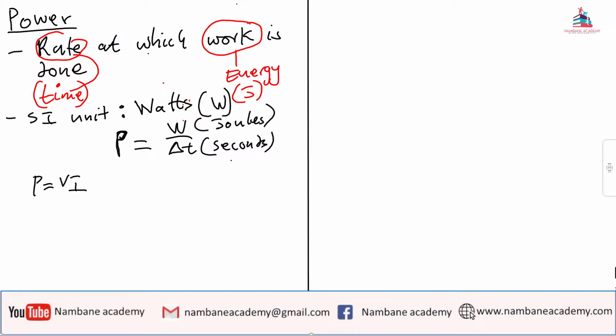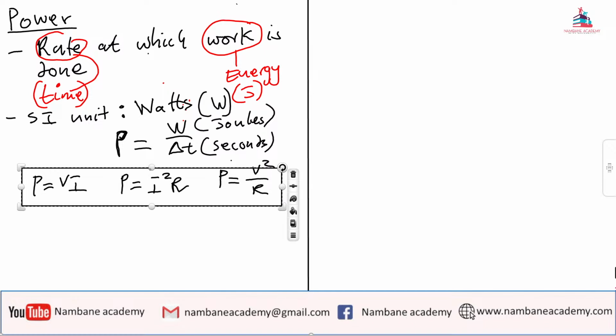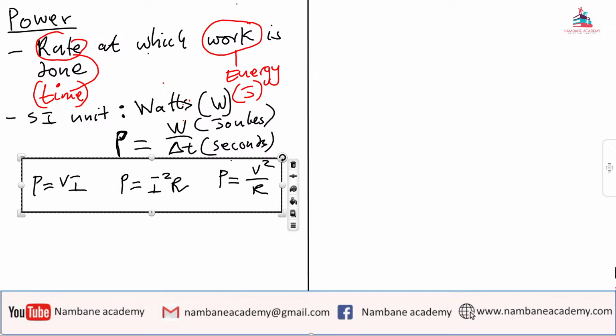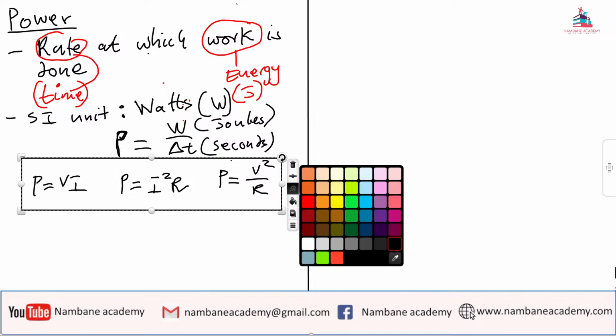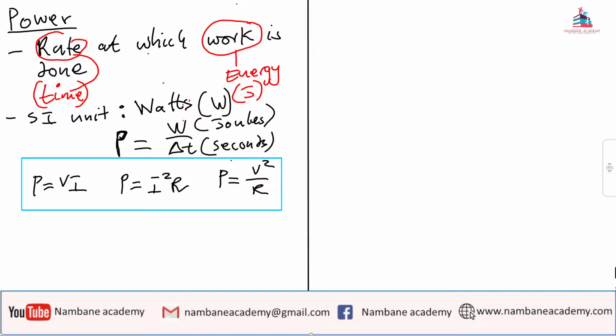The other one is P is equal to I squared R. The other one is P is equal to V squared over R. Allow me to highlight and put this into a rectangle for purposes of emphasis, and we make it nice and blue.